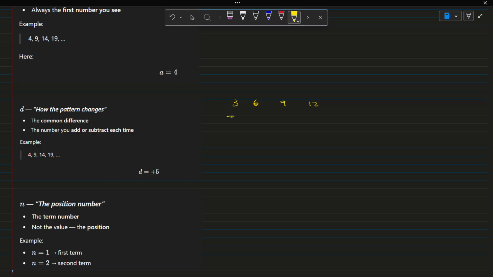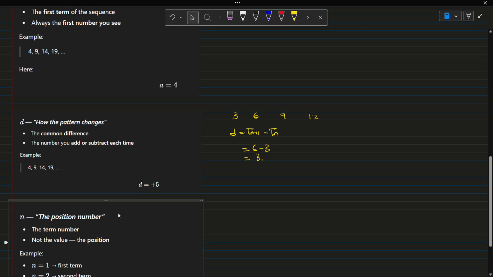To find the common difference, you usually use the formula D equals Tn plus 1 minus Tn. So you always take the next number in the sequence minus the previous number. In order to find this one, you say 6 minus 3, which is 3. It's how the pattern changes.